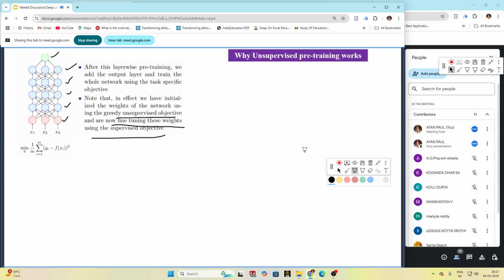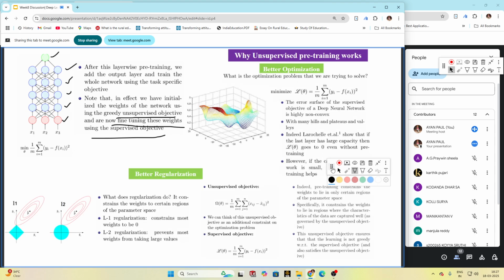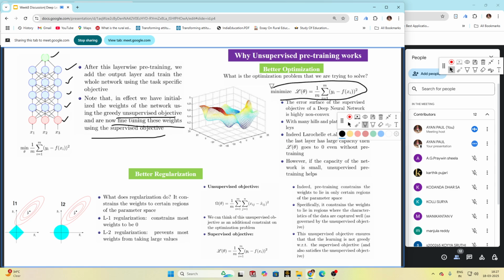Now the question is why this unsupervised pre-training works. Two things can be there: one is better optimization and the second is better regularization. In optimization, this is our optimization function or loss function, which we have to optimize, that is, minimize. In the case of a neural network, the surface is highly non-convex with so many hills and plateaus, as you can see in the figure.